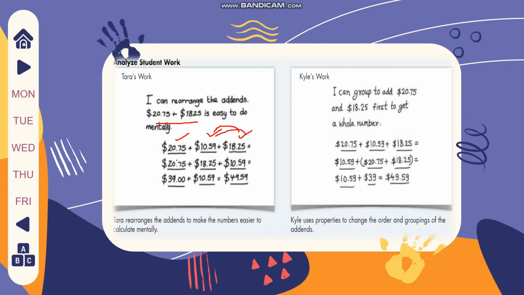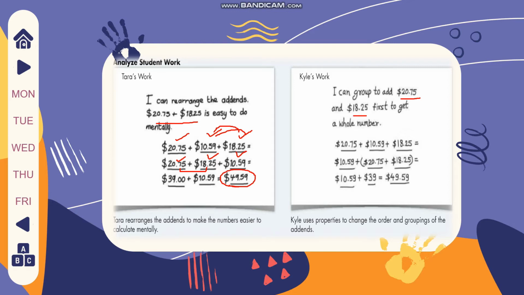So 20.75 plus 18.25 plus 10.59, because it's easy for her to add 20.75 plus 18.25 mentally. That is equivalent to 39. Then after that, she added 10.59. That's why the correct answer is 49.59.